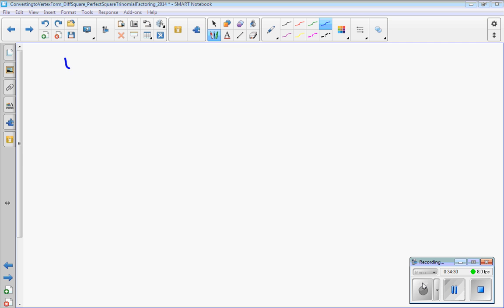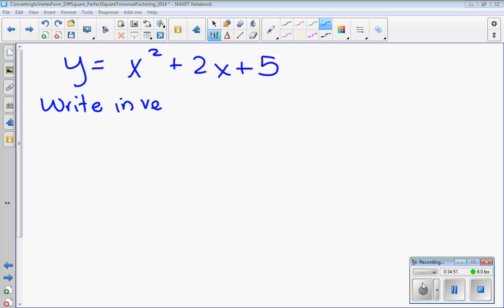I have y is equal to x squared plus 2x plus 5. And I want us to find the vertex. And actually, not only do I want us to find the vertex, I want to write it in vertex form.